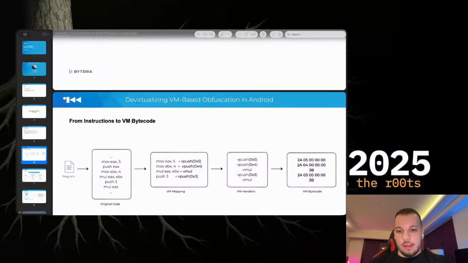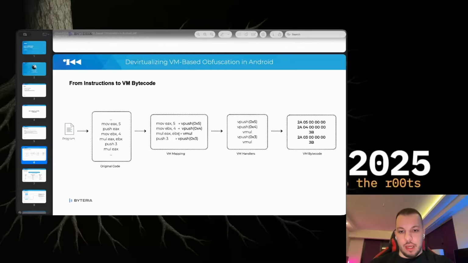This is the from instruction to VM bytecode page. Here we can see how a normal program gets converted into VM bytecode. In the original code, we push the values 5 and 4 onto the stack and perform a multiplication. Then we take the result and multiply by 3, and the final value we get is 60. So that's the normal original code process. When this code is converted by the VM, it replaces those normal operations with its own opcodes.